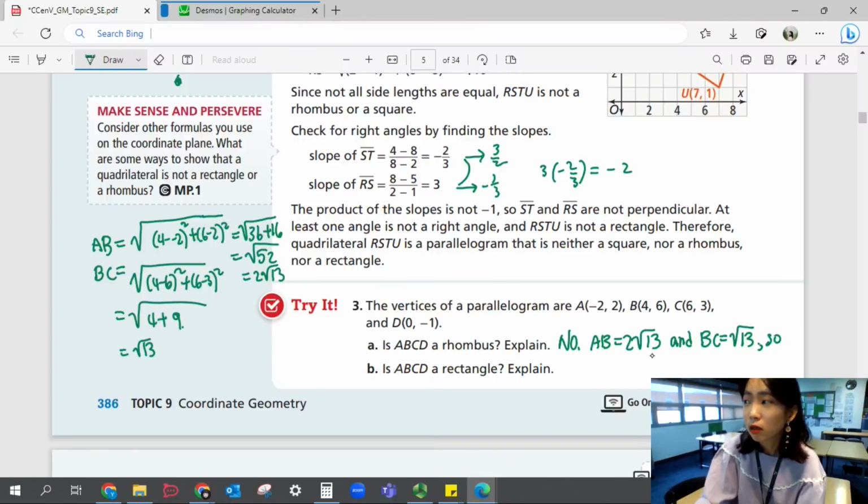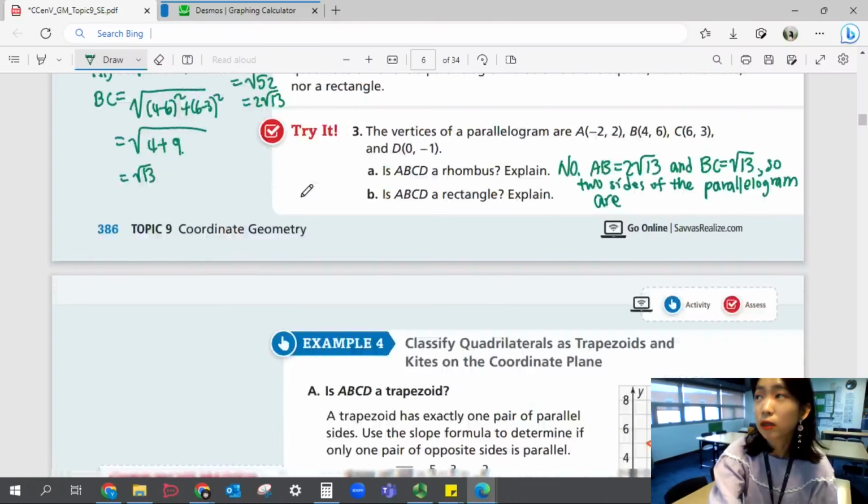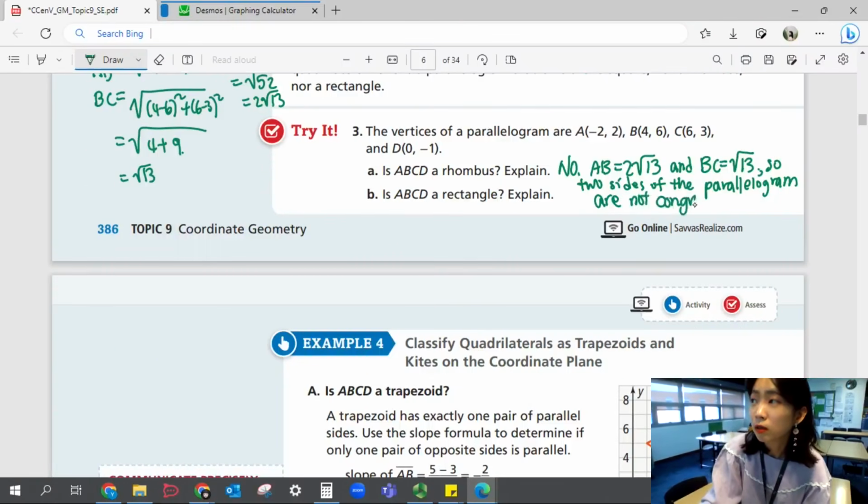So two sides of the parallelogram are not congruent. Okay. Part B, is ABCD a rectangle?